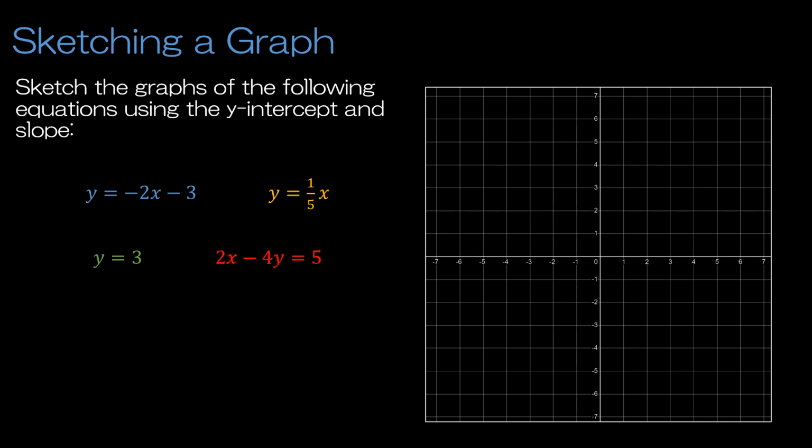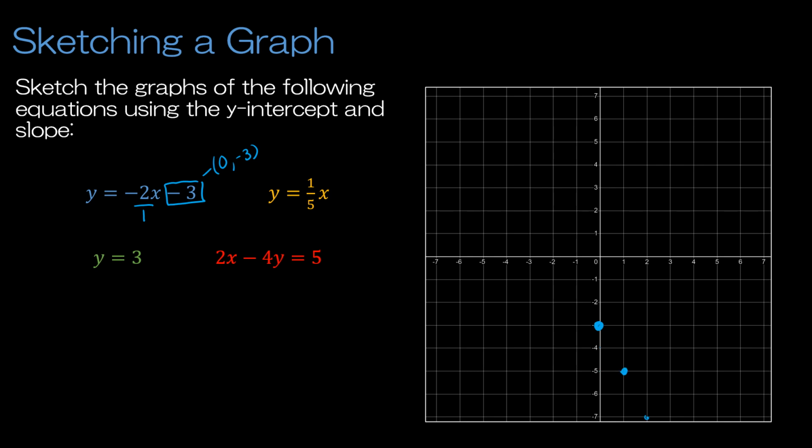I'm going to start with y equals -2x minus 3. This one is already in the correct format, so I'm going to start at -3 on the y-axis, or at the point 0, -3, if that helps you to feel better. And my slope is -2. I'm going to rewrite that as -2 over 1. So that means I'm going down 2, but the 1 is positive, so I'm going to the right one.